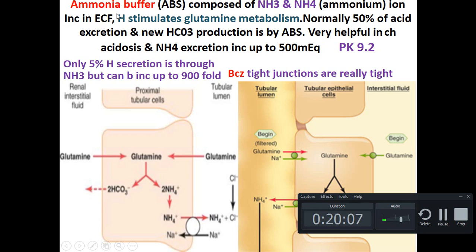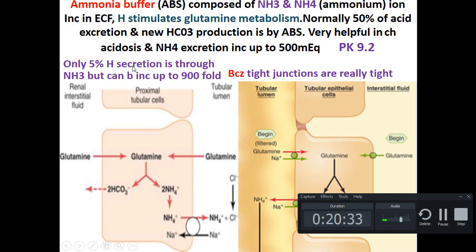When the hydrogen ion becomes excessive, it will stimulate glutamine metabolism. Normally 50% of the acid excretion and new bicarb production is done by the ammonia buffer. So, very important, 50% of the acid excretion and new bicarb production is done by the ammonia buffers.